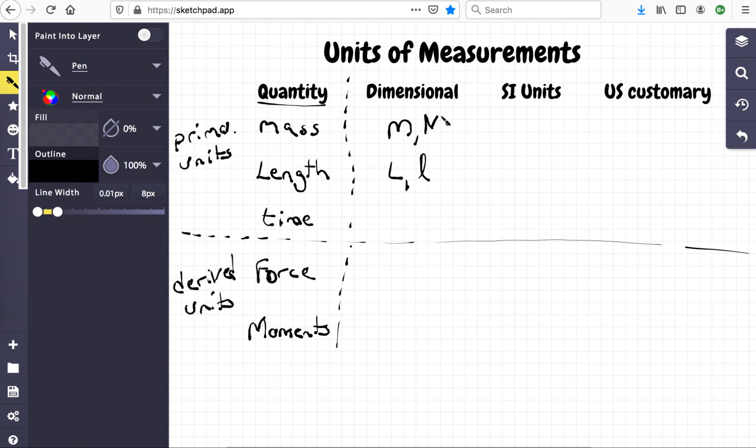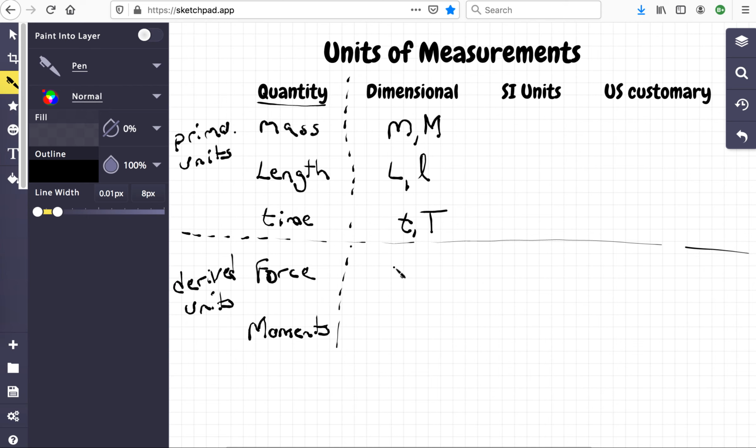Sometimes I've seen mass as a capital M, but usually it's a lowercase m. And time usually represents t in this book, but I've also seen a capital T, not to get confused with temperature though. So we're going to use the lowercase m, the uppercase or lowercase l, and the lowercase t, usually for statics.